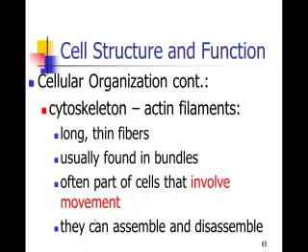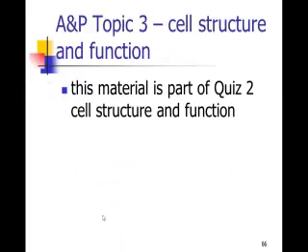They can be assembled or disassembled, so you can actually add extra contractile filaments in muscle cells as you build strength. And conversely, if you don't use the muscle cells, these bundles start to diminish or dwindle in numbers, and they are disassembled. So your muscle cells get smaller.